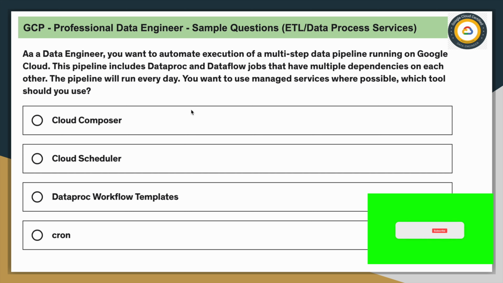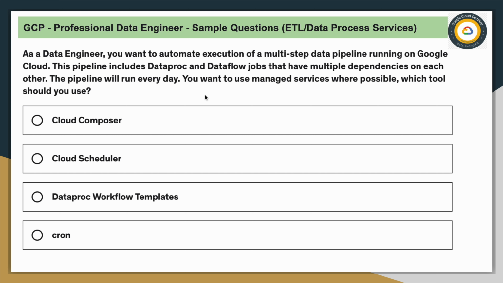For the given use case, I don't think this is useful, because there are jobs running on Dataproc and Dataflow and there is a dependency. I don't think we can achieve that functionality using Cloud Scheduler, so we can ignore this. Dataproc workflow templates are only for Dataproc jobs. Since we have Dataflow also, this is not a suitable answer. Cron we can ignore anyway. So Cloud Composer is the correct option for this question.